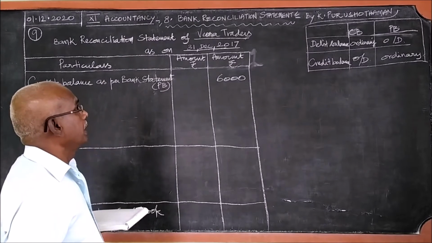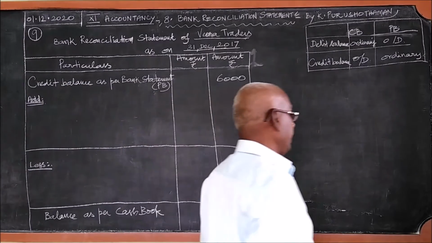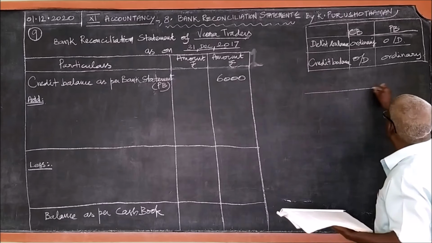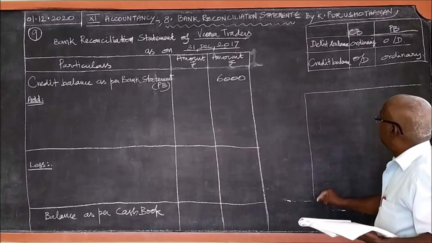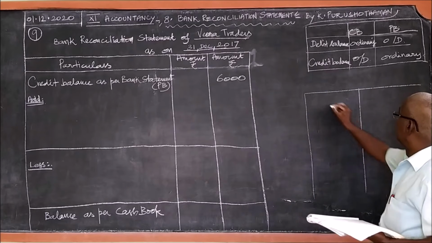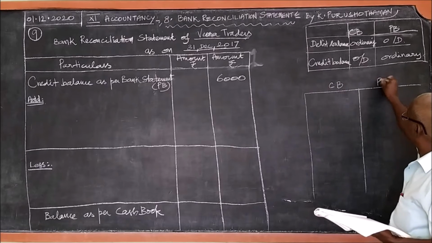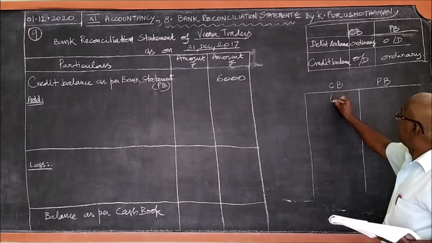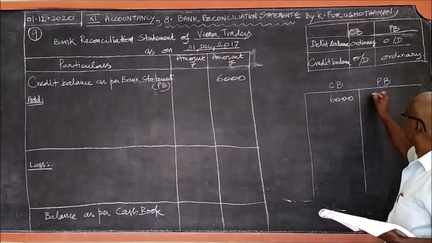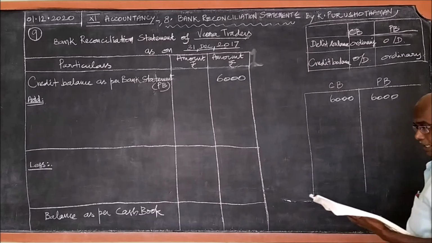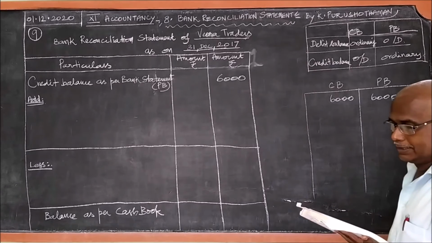Now, we should consider what effects, the reasons or the causes in passbook it creates. We should listen. This is cash book, passbook. The balance is 6,000. And we shall read one by one.